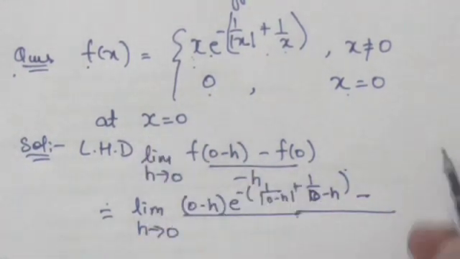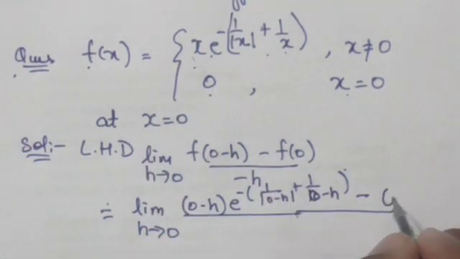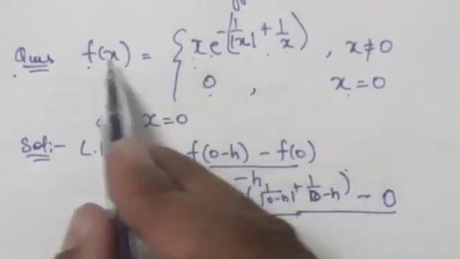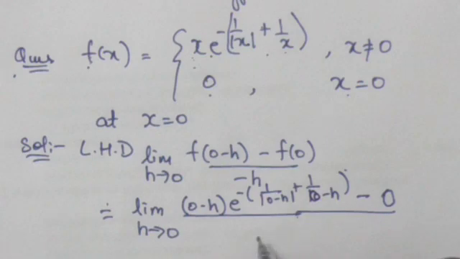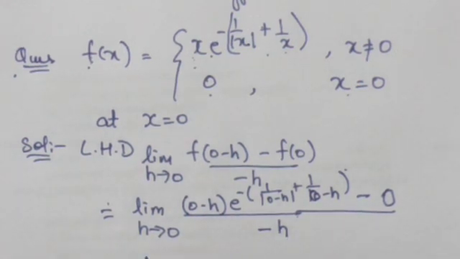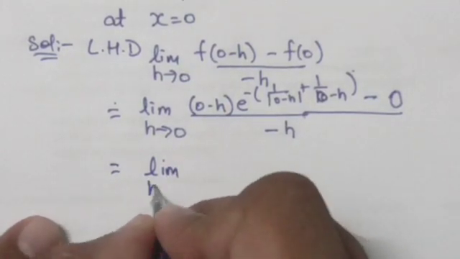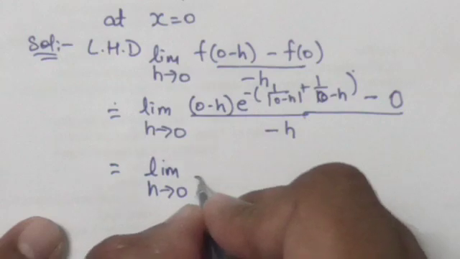So f(0) will be simply 0 according to this definition of function f(x), when x is 0, f(x) is 0, upon minus h. Limit h tends to 0.